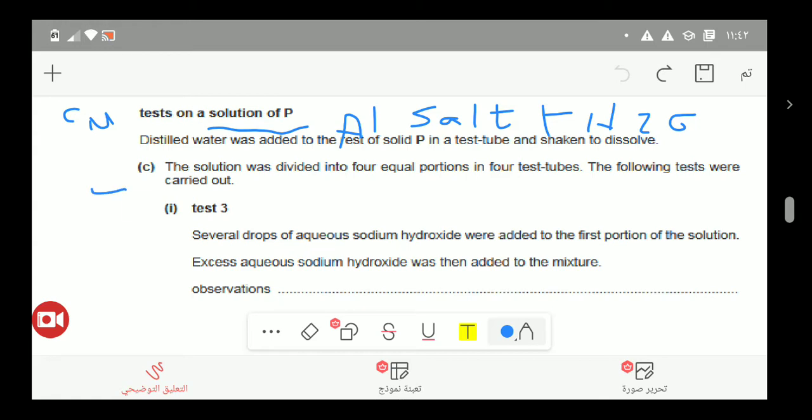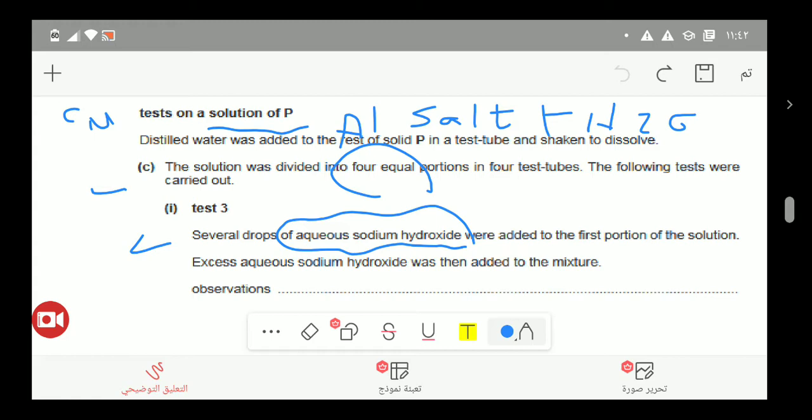The solution was divided into four portions, in four test tubes, and the following tests were carried out. Test 1: several drops of aqueous sodium hydroxide, a common test for cations, were added to the first portion of solution. Excess aqueous sodium hydroxide was then added to the mixture.